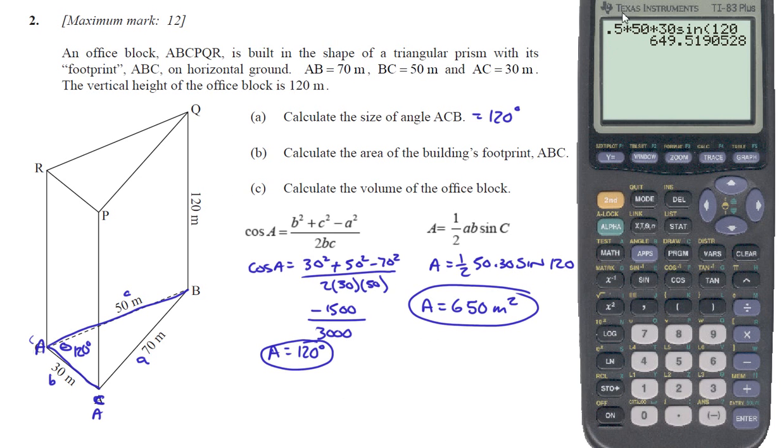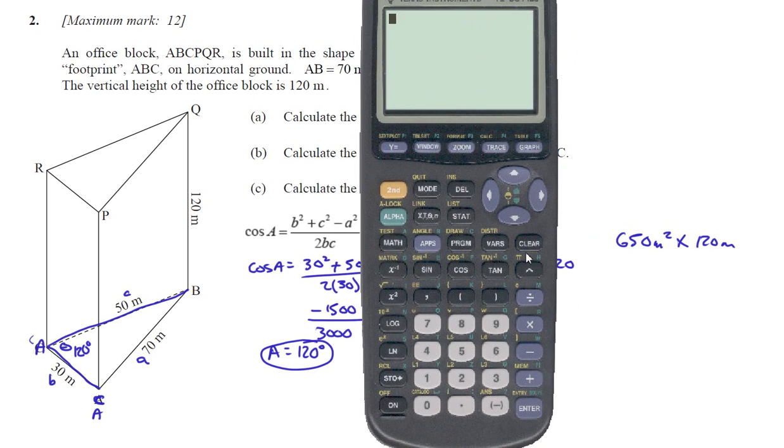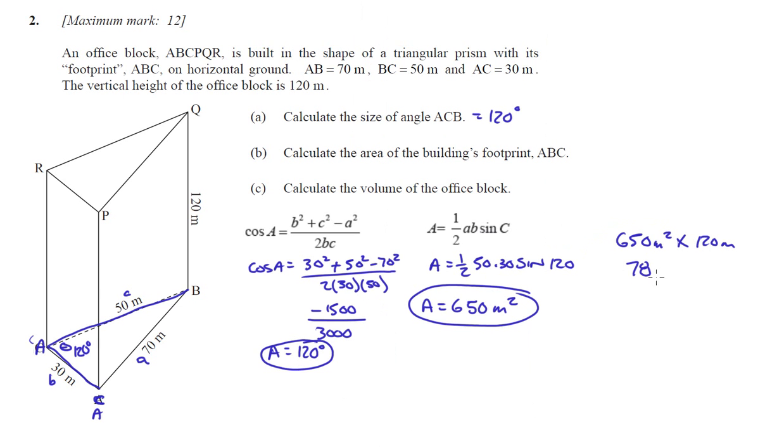Okay, so 650 times 120 gives us 78,000. That's our volume, 78,000. Make sure you look at the units: 1 meter here, 2 there, so that's meters cubed.